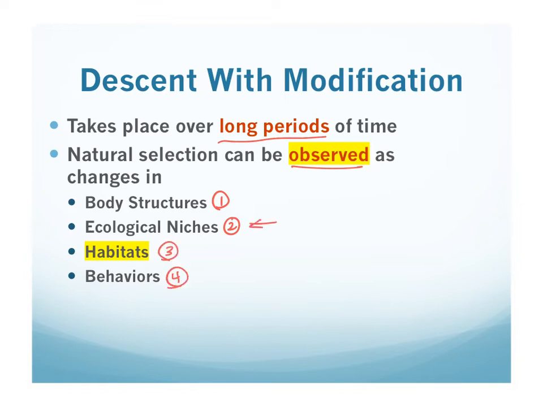And remember your niche all the way back from ecology. Your niche equals a job. So your job that you have to do within the environment. Okay, so your job might change, and if your job changes, that means you have evolved. Okay, you have evolved.